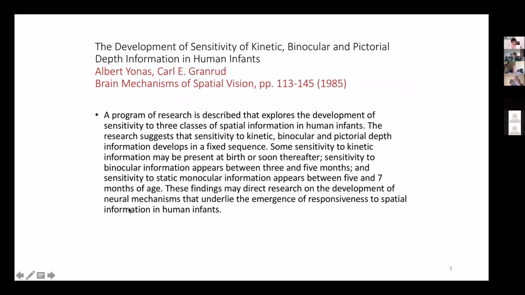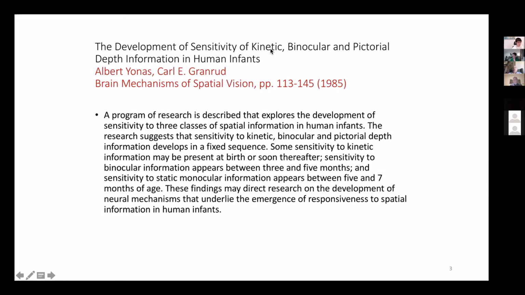Okay, so here is a paper that I have picked from the child development literature, which is very appropriate to our topic. And this is from like 1985, and is representative of a lot of work that has been done. This is about the development of sensitivity to depth information in human infants.